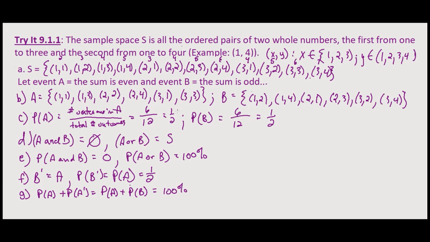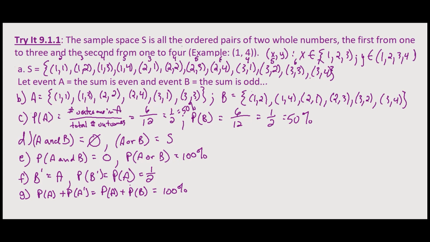They're both half, which is 50%. We could also just recognize here that anytime we have the probability of an event and the probability of its complement, since the complement is everything that's not in that event, it's always going to be 100%.